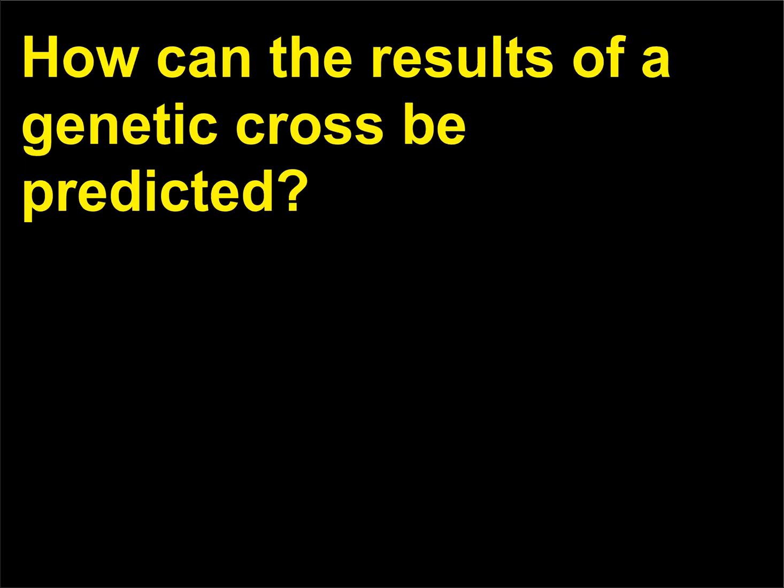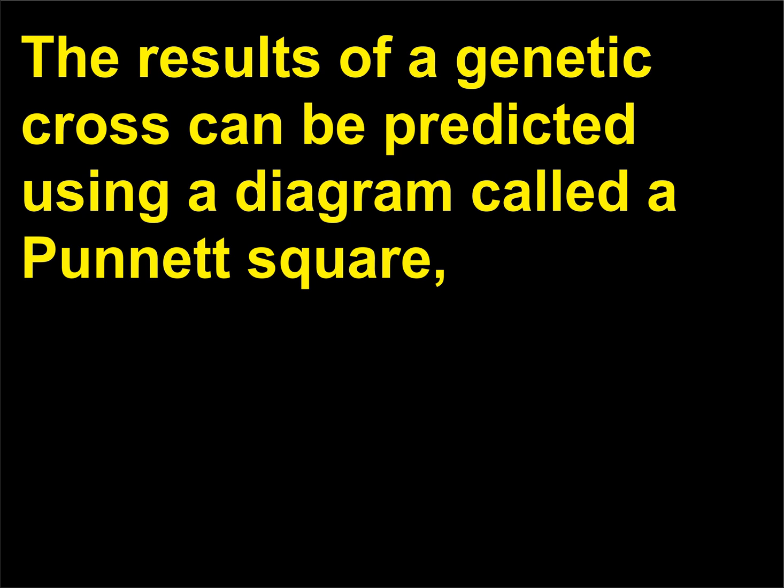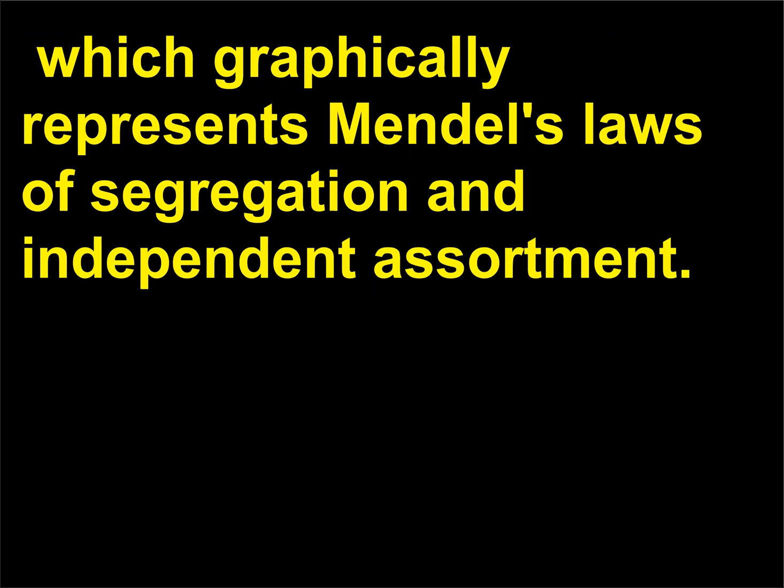How can the results of a genetic cross be predicted? The results of a genetic cross can be predicted using a diagram called a Punnett square, which graphically represents Mendel's laws of segregation and independent assortment.